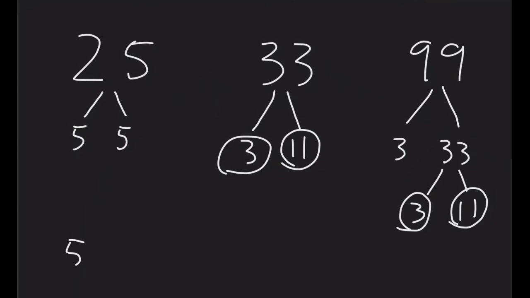So 5 times 5 times 3, and then the repeated prime factors 3 and 11. So again, even though there's 3 numbers, you still just multiply them once. So this comes to a result of 2,475.